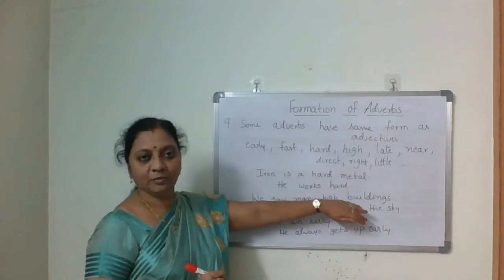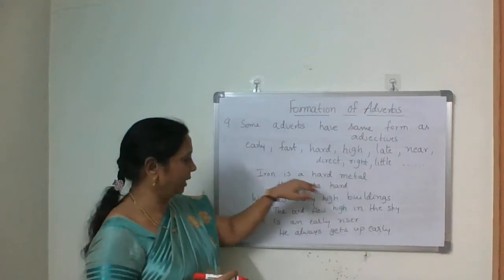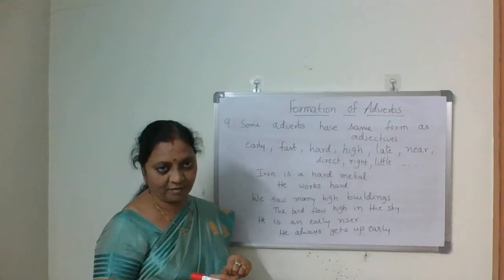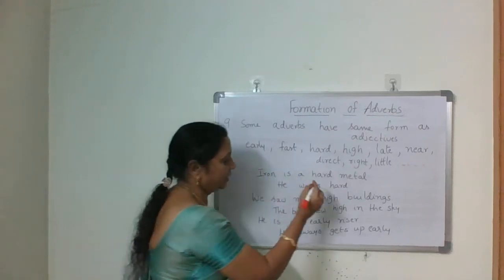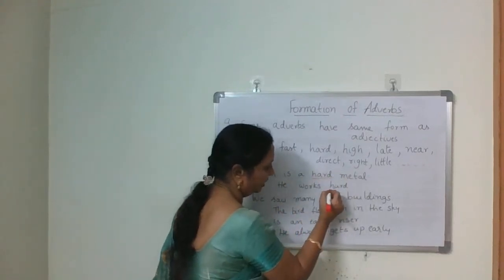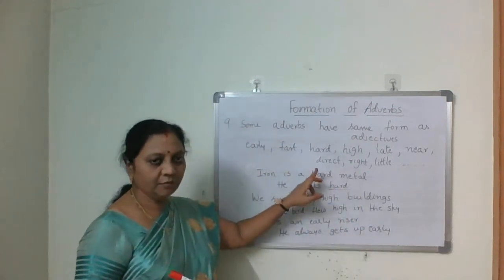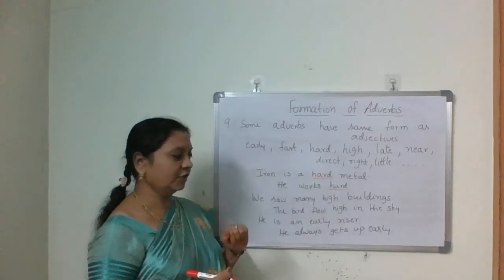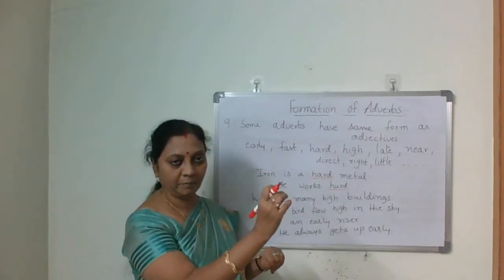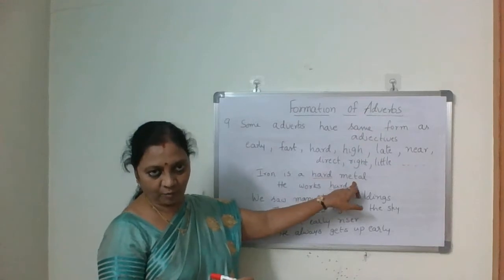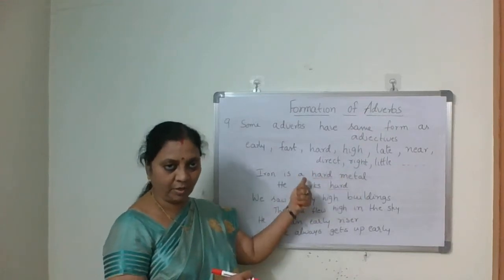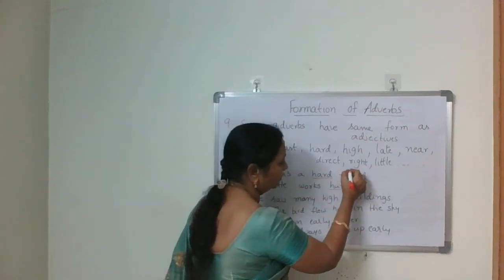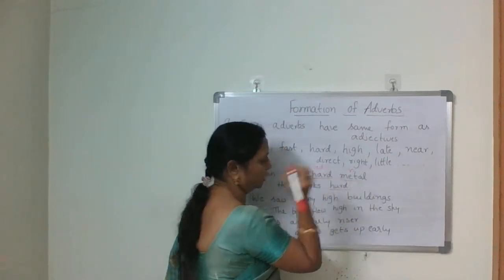Just look at the examples so that you will understand better. Iron is a hard metal. He works hard. Here we are using hard in both sentences. In the first sentence, metal is a noun and hard is talking about the noun, so hard becomes an adjective.